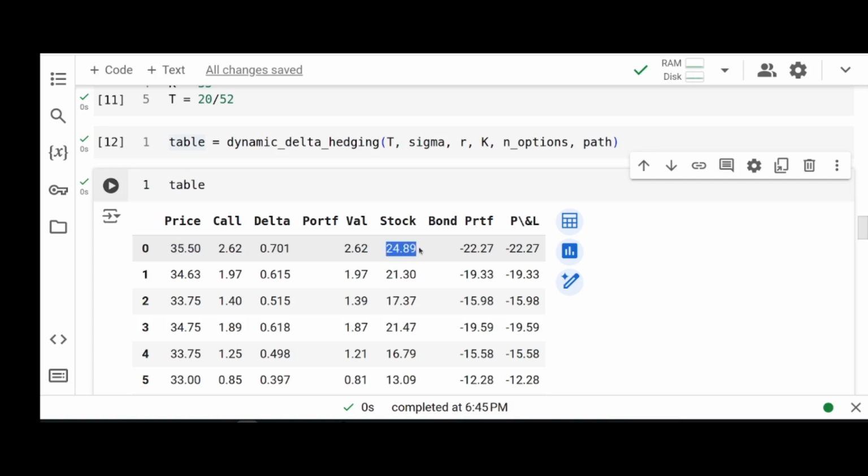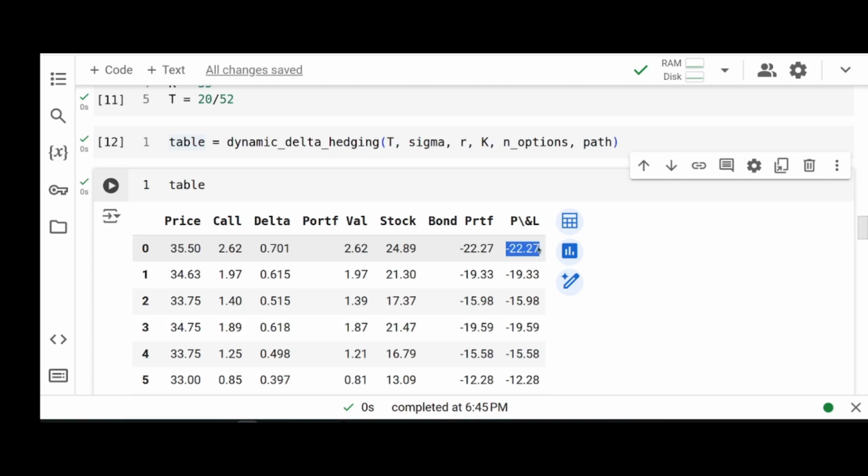Then we already sold 2.6. Then the difference between this one and this one will give you negative 22. So this will be obtained by borrowing from the risk-free asset, which is negative.